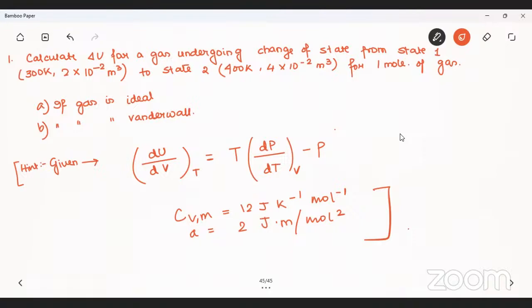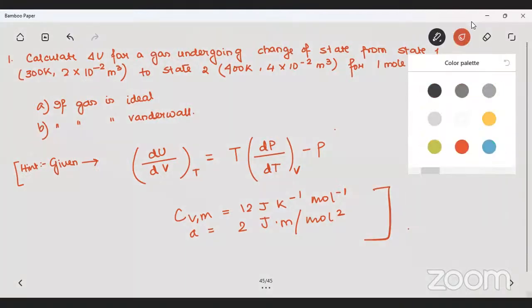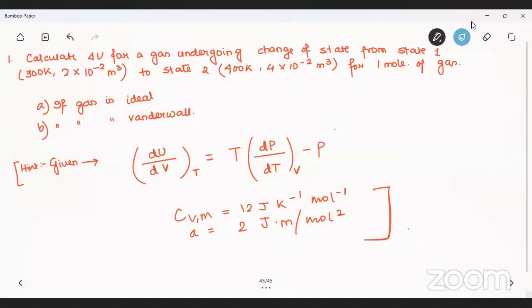Ma'am, I have tried solving the question like this. No one. The question that I gave you this morning. Okay, very good. If you are not practicing, you will suffer in your exams because these are the type of questions you can see in your NEET.